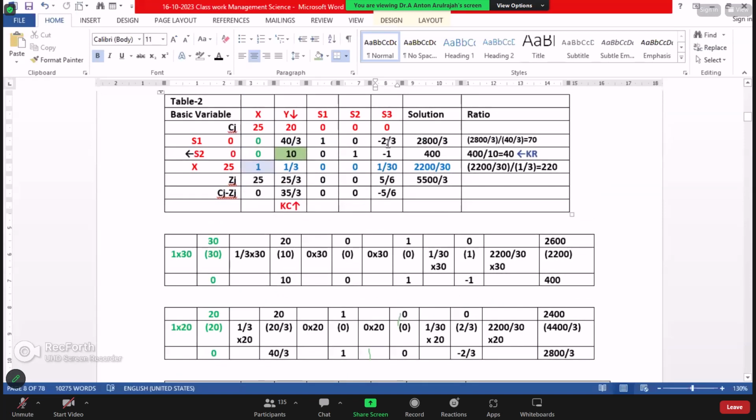If it is minus 1, then 0, 0. Now that's not going to affect. No, this is 0, this is 0.